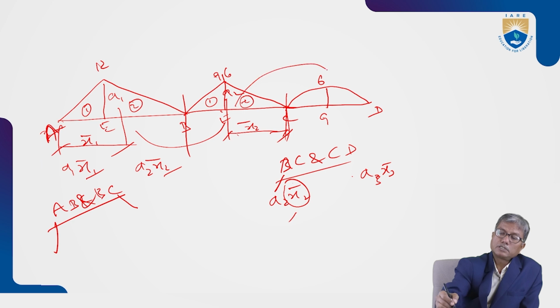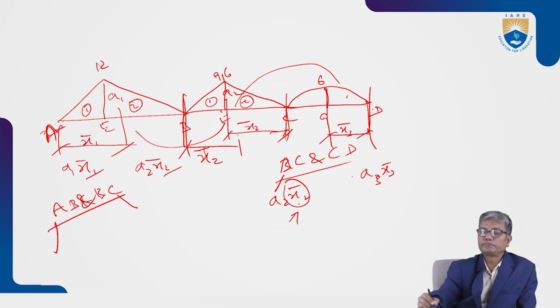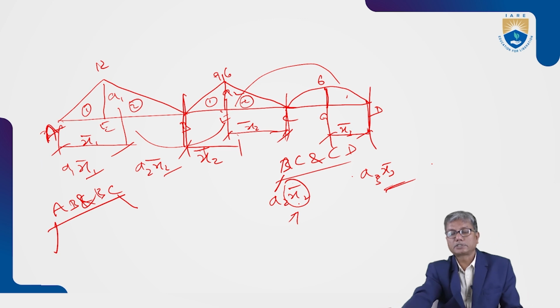Because we are applying the theorem for spans BC and CD, the distances are measured from B and D. So x2 bar is this time from end B, and x3 bar is from D. Is this clear?